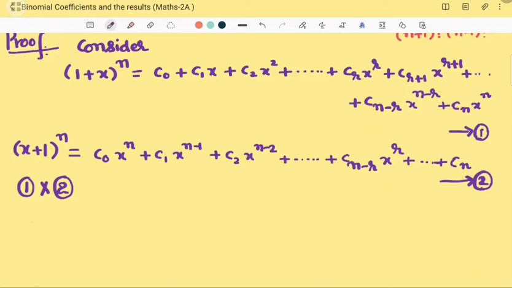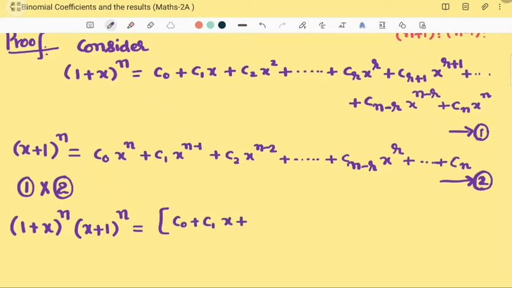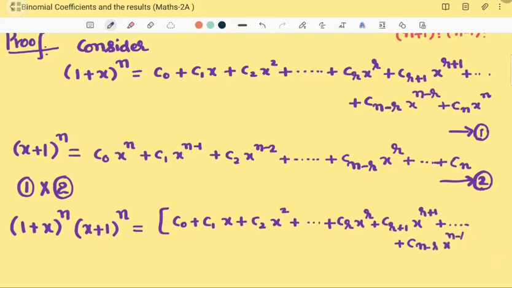So first LHS values I am multiplying. (1 plus x) whole power n into (x plus 1) whole power n is equal to, both the expansions written in brackets: C0 plus C1x plus C2x square plus and so on Cr x power r plus Cr plus 1 into x power r plus 1 plus and so on Cn minus r x power n minus r plus Cn x power n.